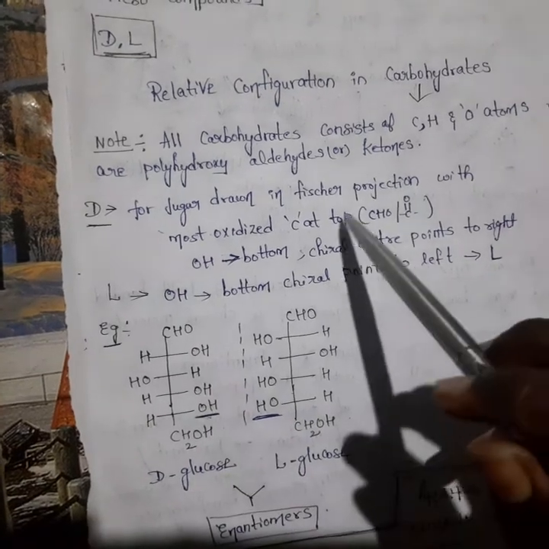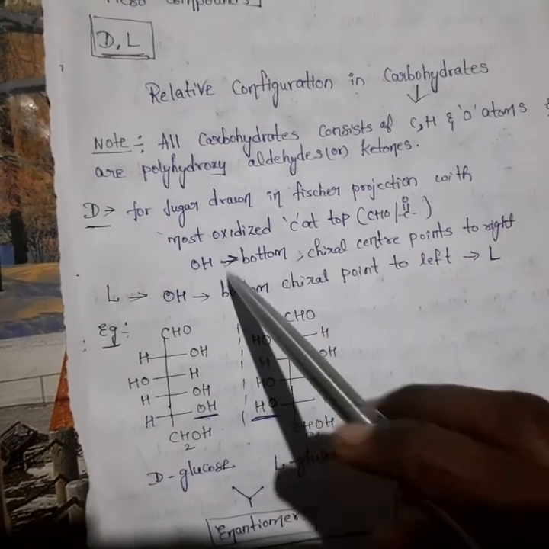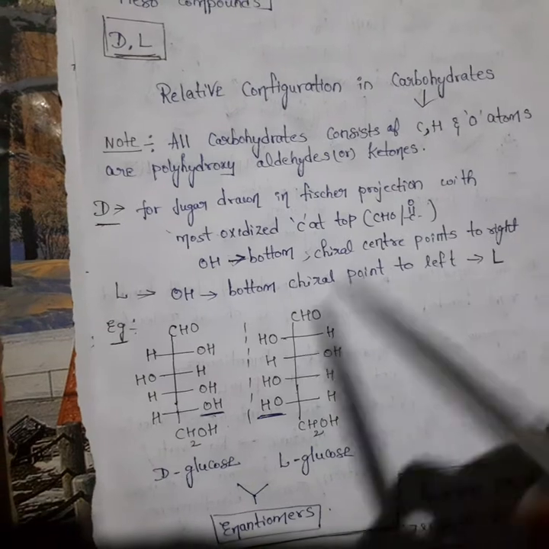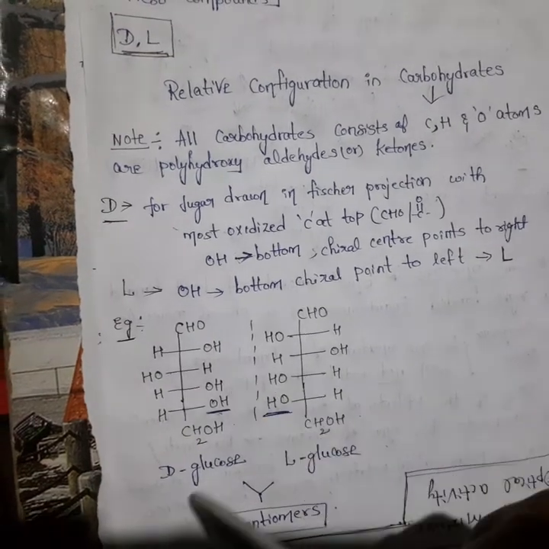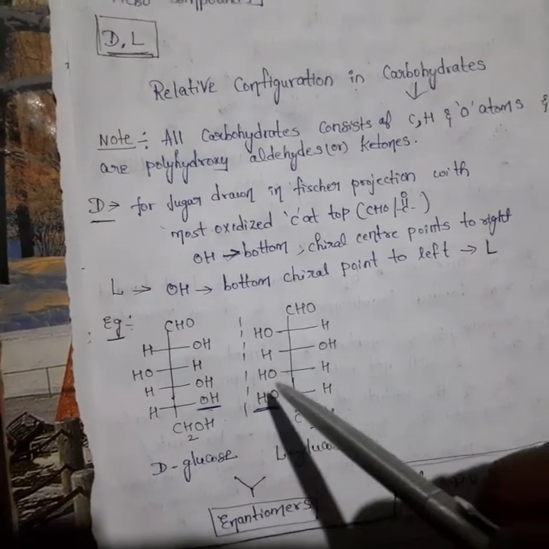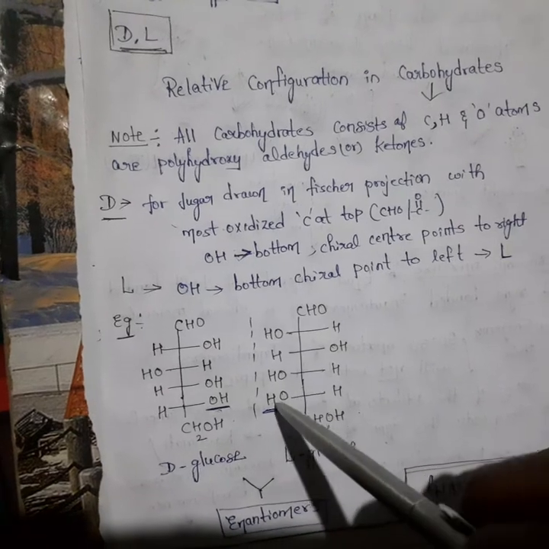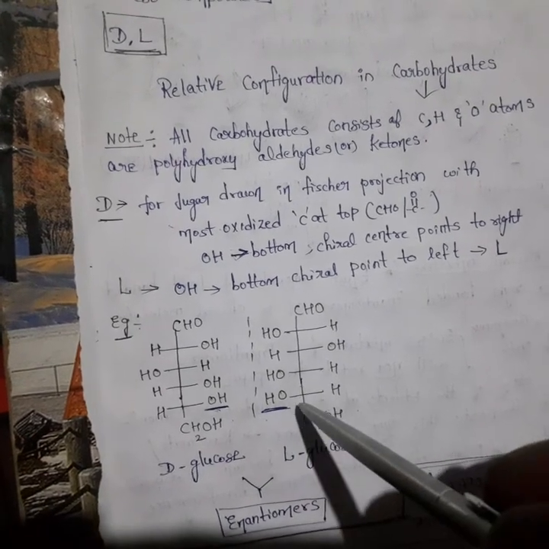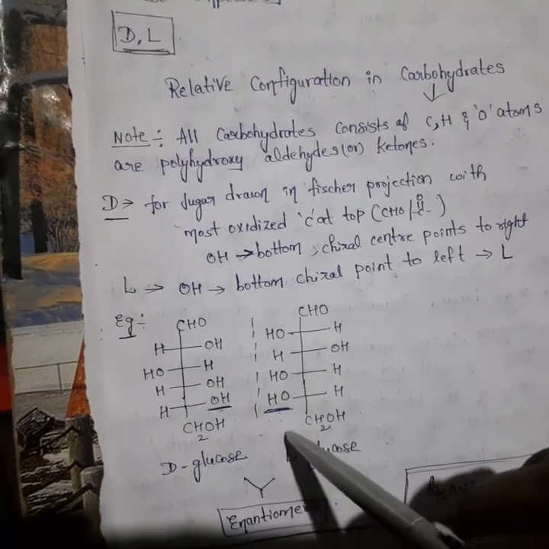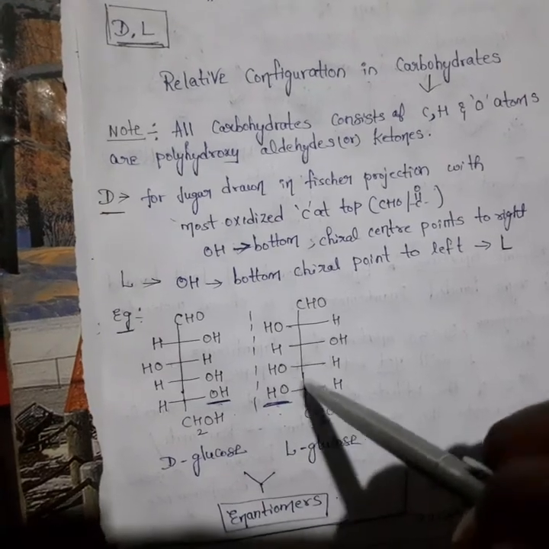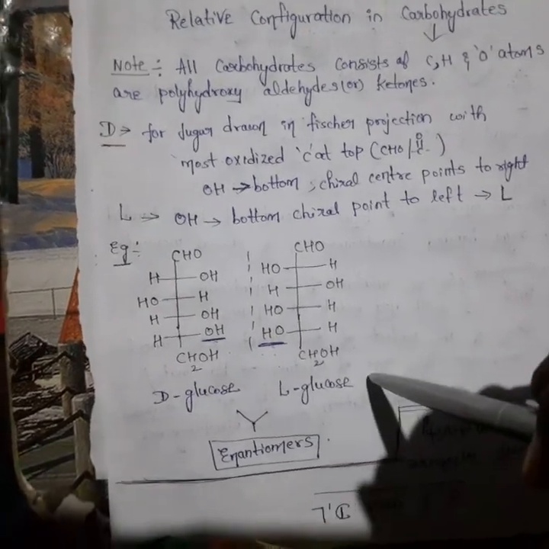So already we discussed, if the hydroxyl group is present towards the right side, here it is present towards the right side, so it is D glucose. And here this hydroxyl group is present towards the left side. We are considering this right and left from this chiral carbon. So this is L glucose.